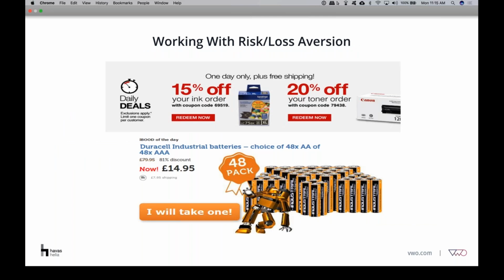So taking an example of an e-commerce website, how can they utilize risk and loss aversion? As you can see, there's an offer which gives an 81% discount on Duracell batteries, and this deal is available for only 24 hours. Visitors interested in buying this product would think, I might have to pay a lot more if I skip this deal.